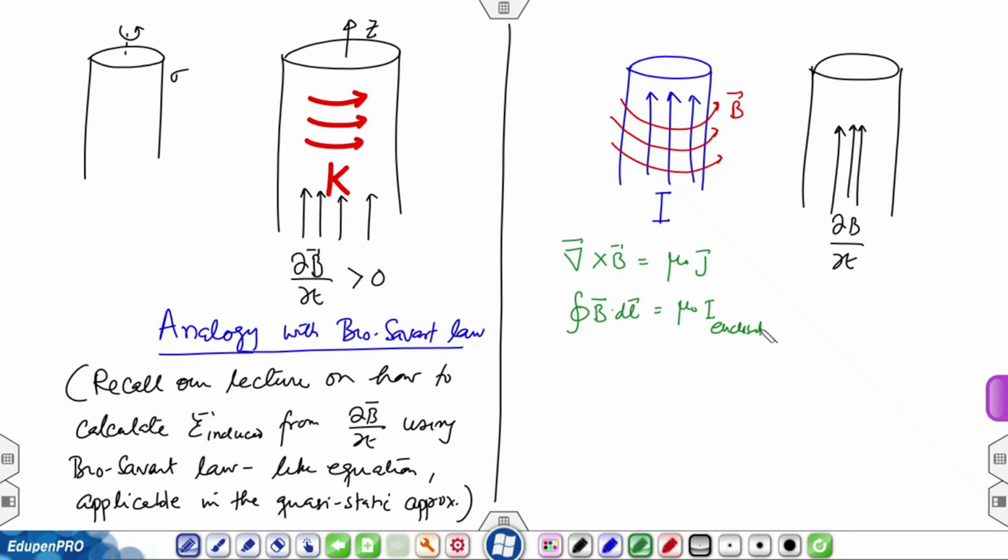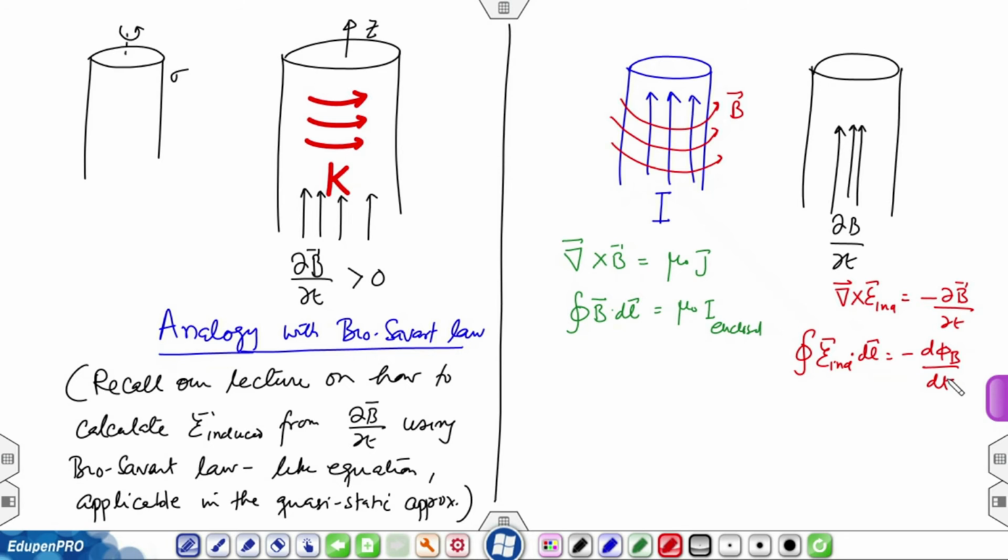In the case of Faraday's law, I have curl of E induced is equal to minus dB dt, or integral E induced dot dl is equal to minus d phi B dt.